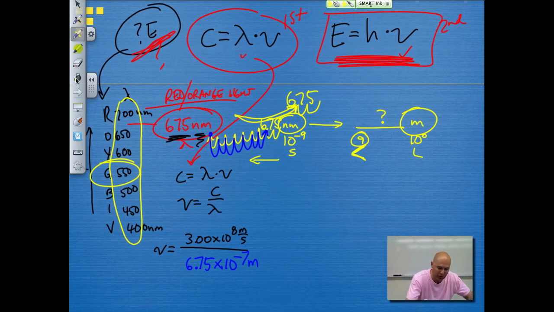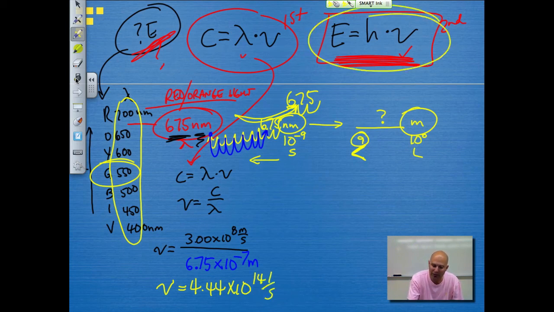Okay, so let's take my calculator: 3.00 EE 8 divided by 6.75 EE negative 7. I get a frequency of 4.44 times 10 to the 14th, 1 over s.